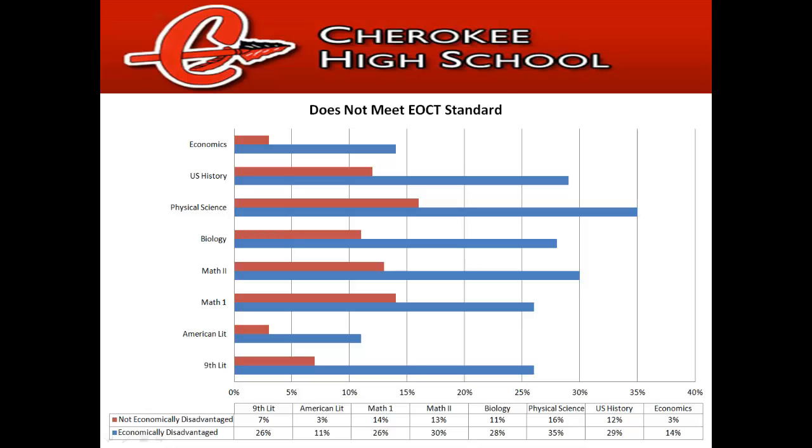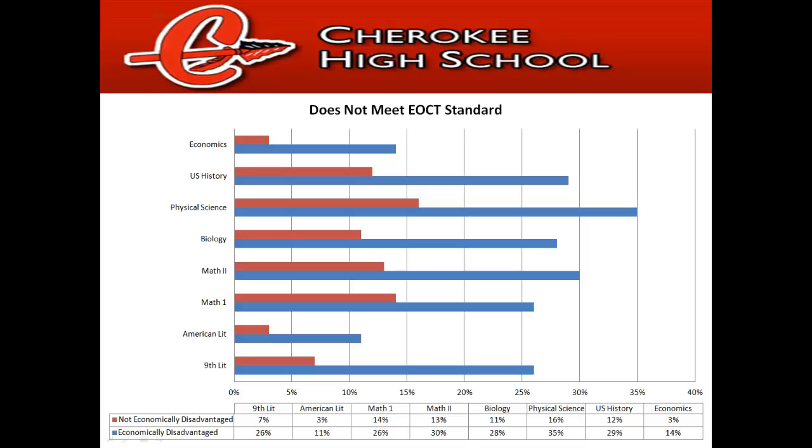Looking at this graph, you can see the red line is your not economically disadvantaged students. And in economics, only 3% of those students taking the test did not meet. In U.S. history, 12% did not meet. In physical science, 16% did not meet. In biology, 11%.